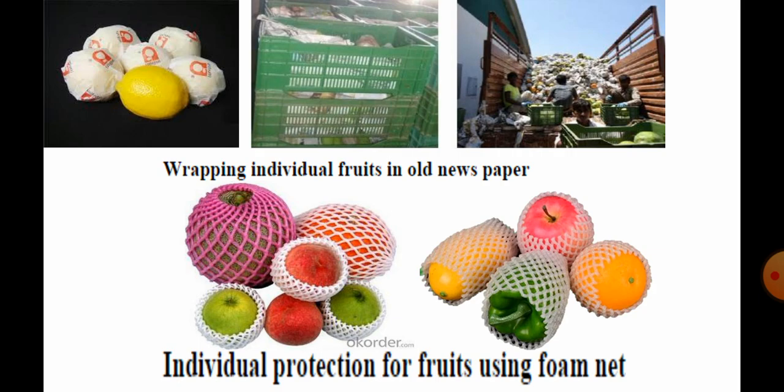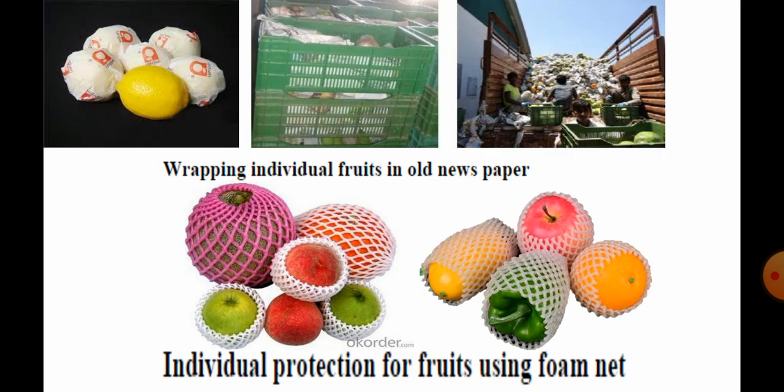Most of the time old newspaper as well as butter paper and foam net are used for wrapping individual fruits, because the skin of some fruits is sensitive, and to increase the market value, quality, and appearance, these wrapping materials are also used. When packaging, sometimes cushioning material is also used, such as papers as well as foam net.